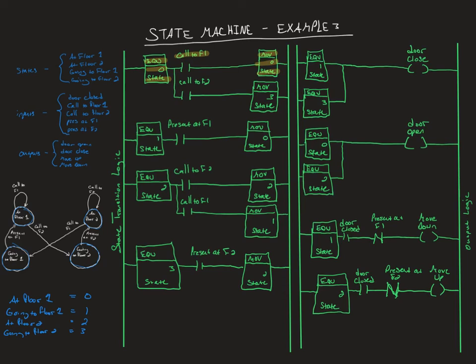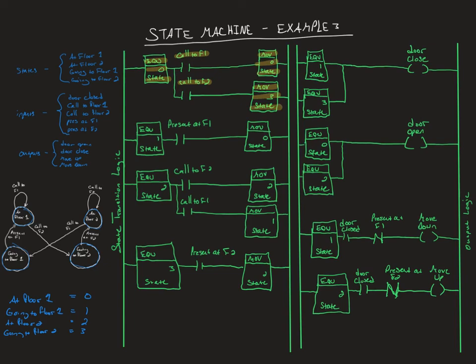If we are in state 1 and we receive a call to floor 2, then we are to transition to the state going to floor 2, which is represented by the number 3. So we receive a call to floor 2 and we move a 3 into our state.